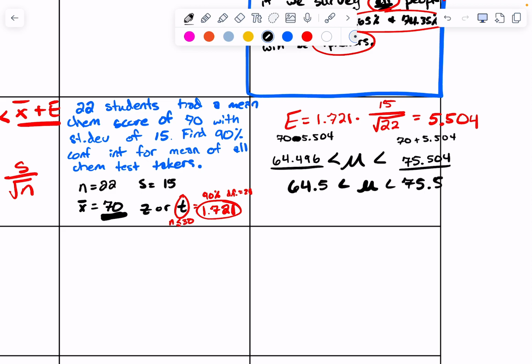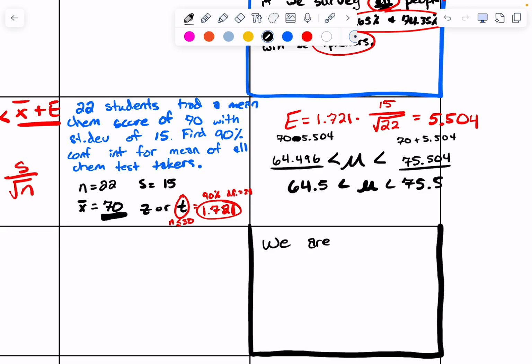All right, can we use the one below again? Yes, the one below will go with this. We are how confident? 90% confident that if we survey who?